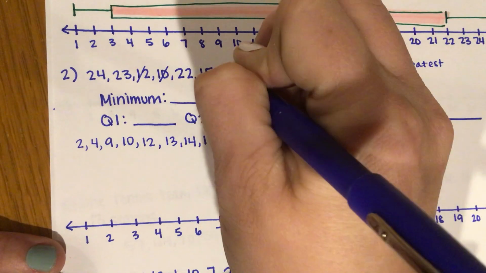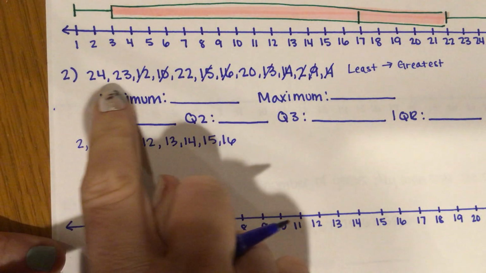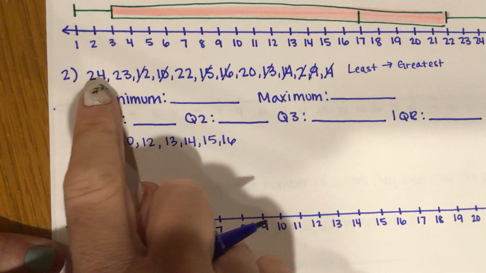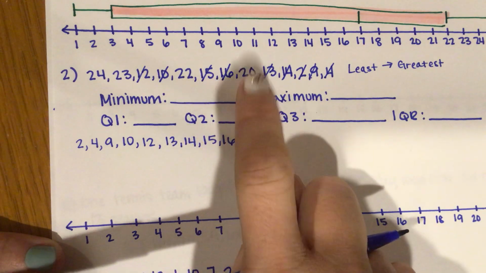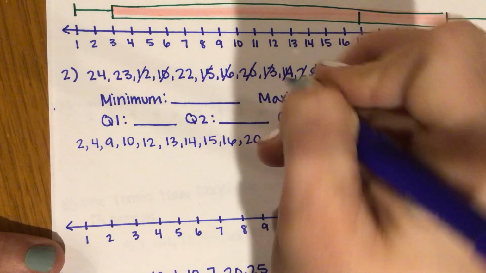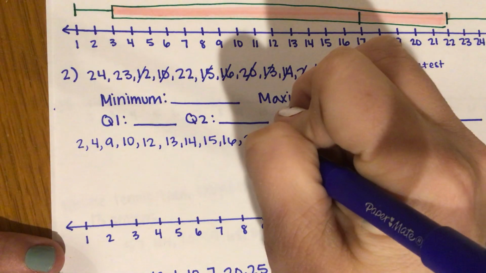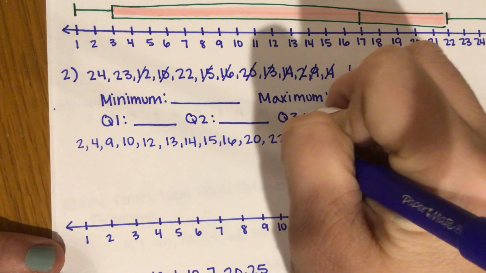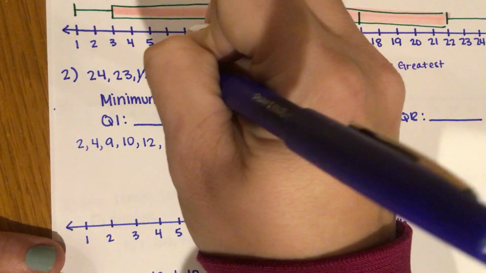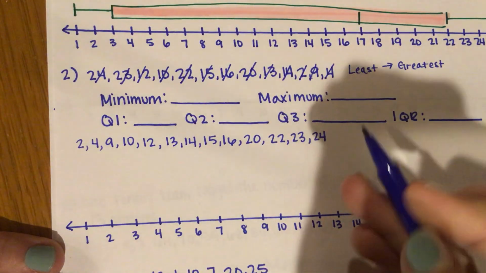There's not a 17, 18, 19, but there is a 20. It's not a 21, but there's a 22, a 23, and a 24.